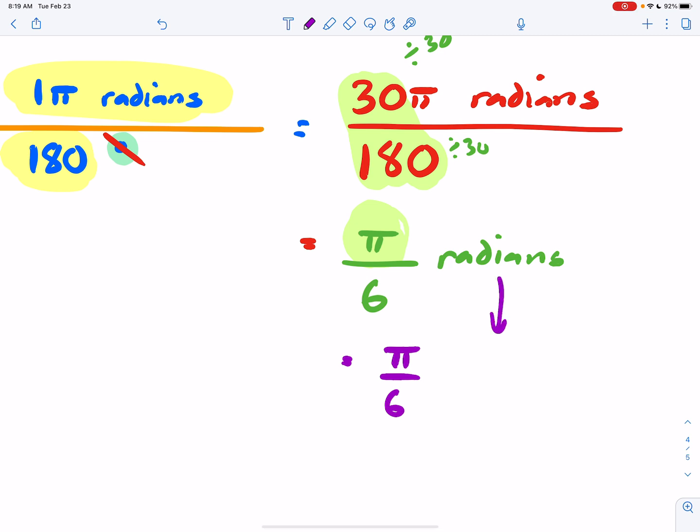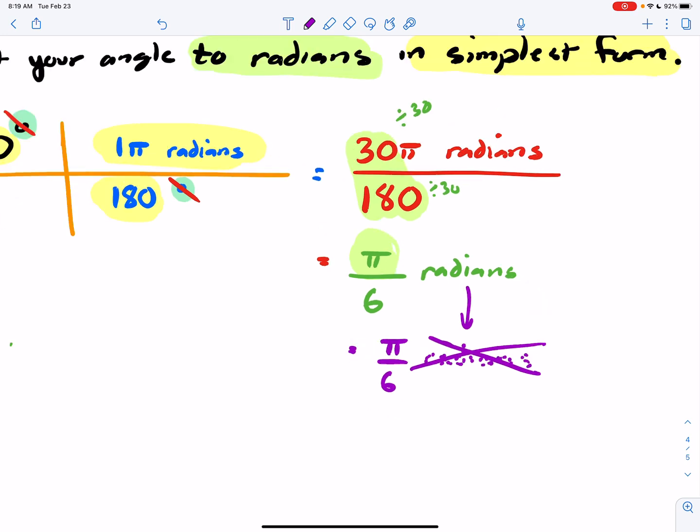So there's that radian there, it's just a little bit invisible. But there's really no need to write it. It's really up to you. So on Delta Math, pi over 6 is good enough. You don't have to write pi over 6 radians. In fact, I don't think you can type radians there.